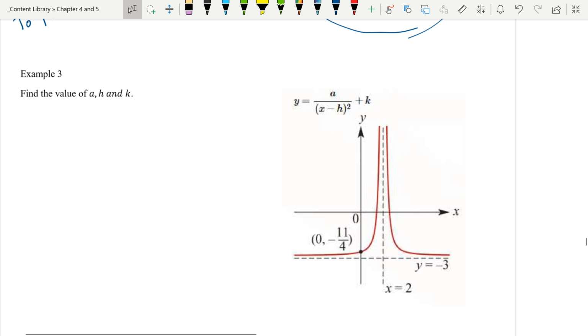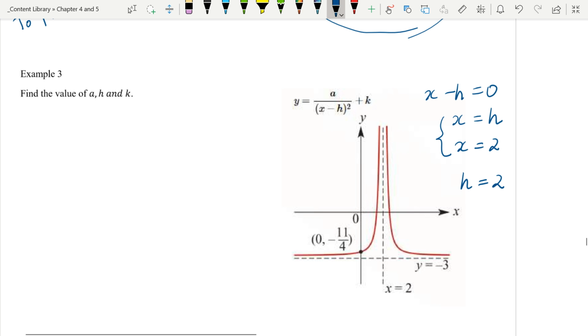Vertical asymptote: the vertical asymptote is 2, so h must be what? x minus h equals 0 will be the asymptote, so x equals h is the asymptote. So what must h be? 2. So x equals 2 is the asymptote, so your h must be 2.